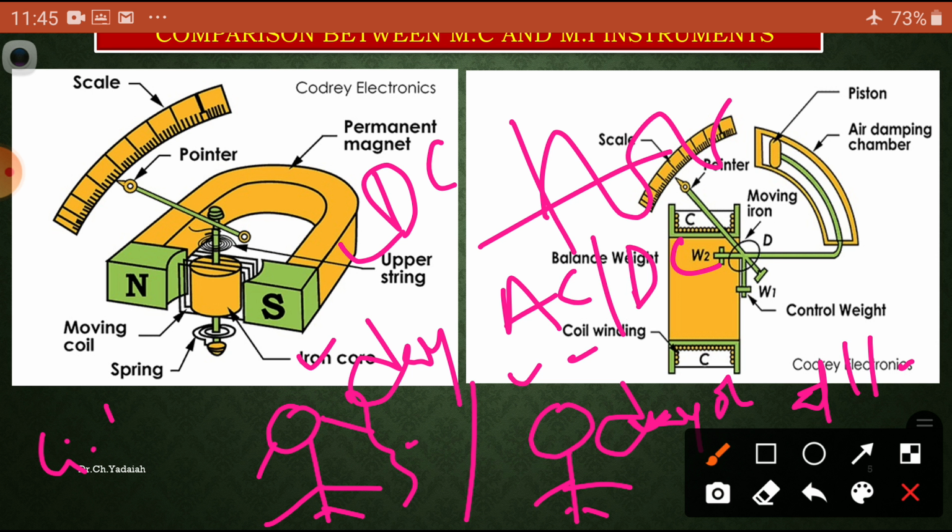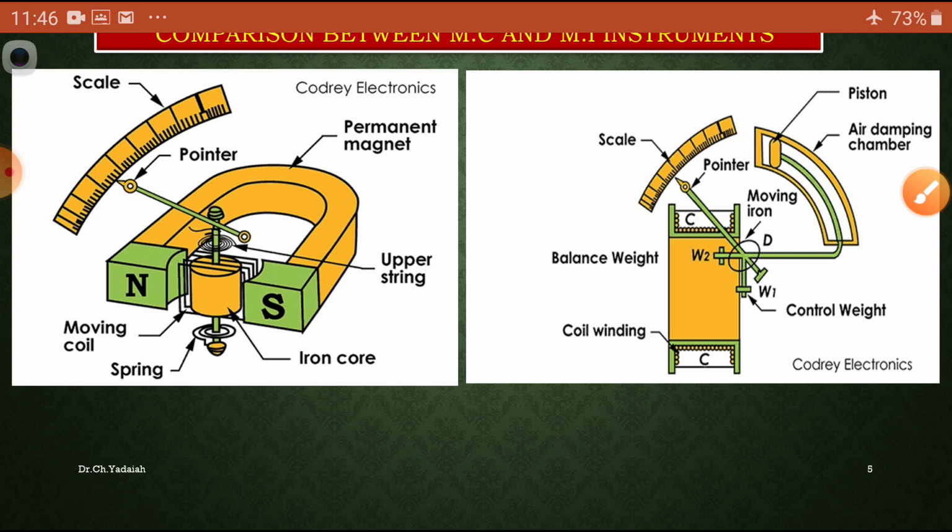If you want to use both, you can use my son, the moving iron instrument, because he is robust and will give a reasonably accurate value. Whereas this moving coil gives an accurate value, but physically it is sensitive and delicate.